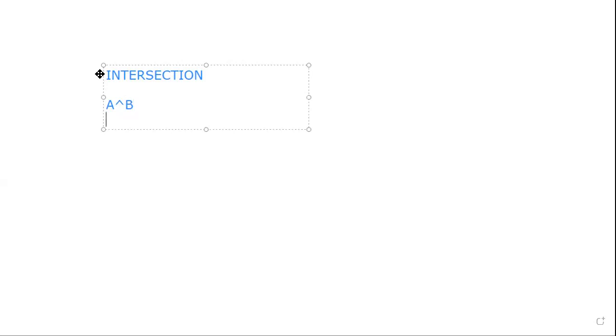It defines a relation consisting of the set of all tuples that are in both A and B. When you take the two tables, it will display the tuples that are in both tables.